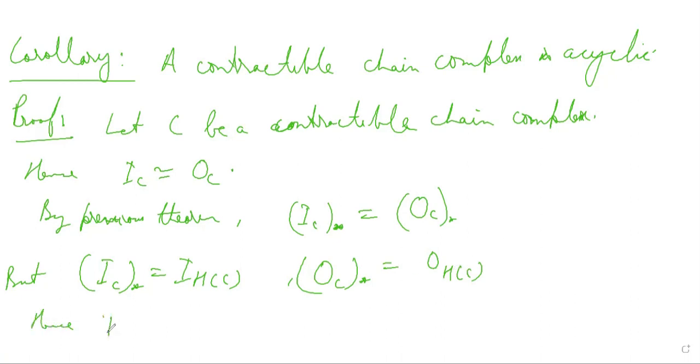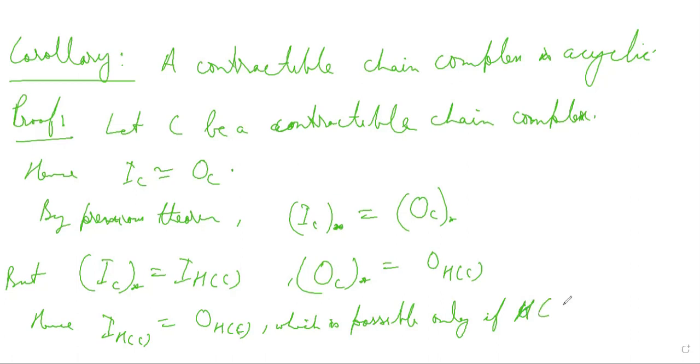Hence, this is possible only when the homology group itself is 0. This completes the proof. So every contractible chain complex is acyclic, but the converse is not true.